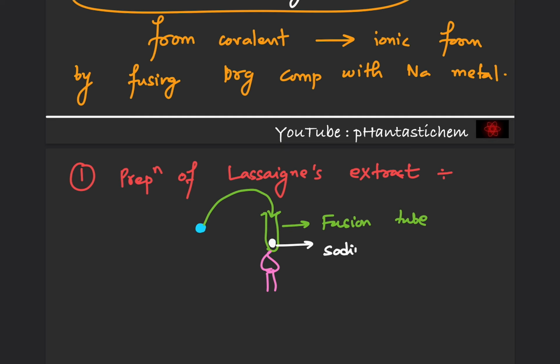Sodium shining globule. And once we have heated this sodium till it has become a shining globule, then the fusion tube is removed from the flame. So the first part is done.